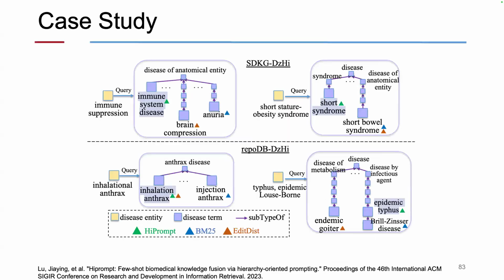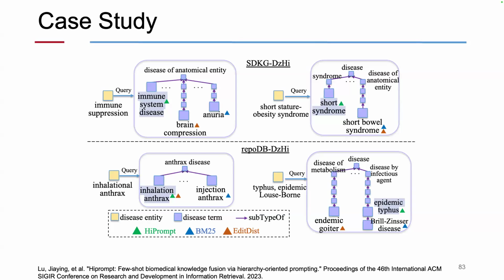We did a lot of case studies with our clinical physician collaborators to understand how the model performs better. In one of the examples on the right, there's something called short stature obesity syndrome. If you ask a language model, or sometimes even a human, to align it onto the existing ontology, it's pretty hard.